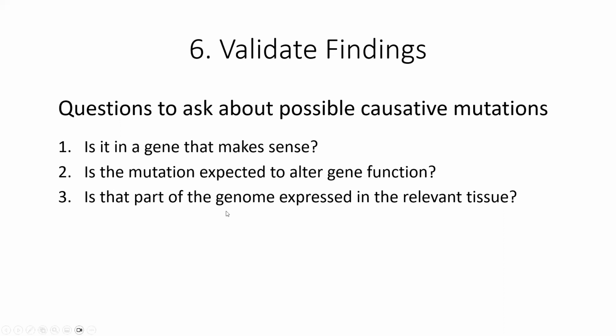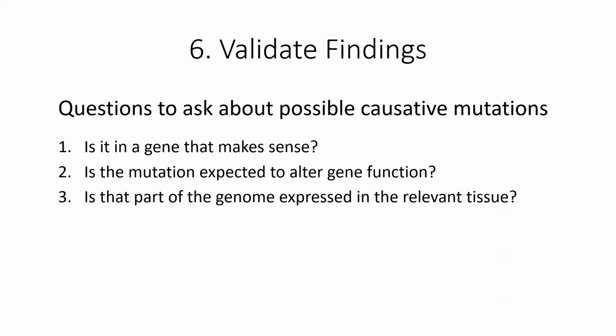And is that part of the genome, and that gene in particular, expressed in the relevant tissue? There's 20-some thousand genes in a yak genome, and they're all doing different things. They're all on and off at different times and in different tissues. Genes that are important to the liver might not be expressed at all in the skin or in the eye. So we also need to show that that gene is expressed in the relevant tissue that could lead to what we're seeing.